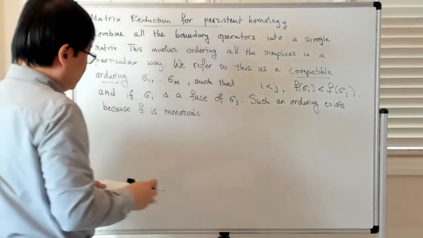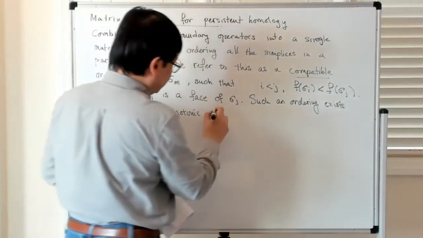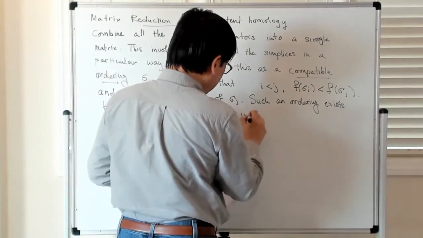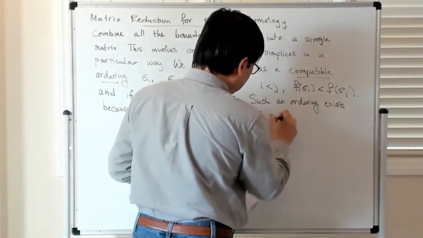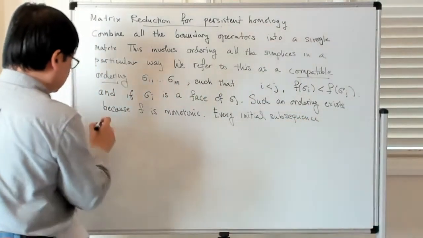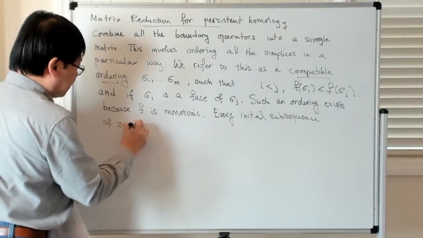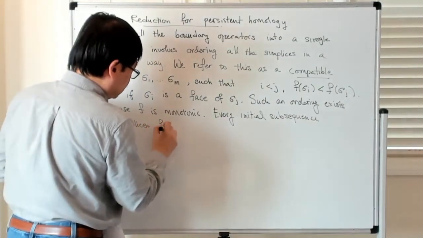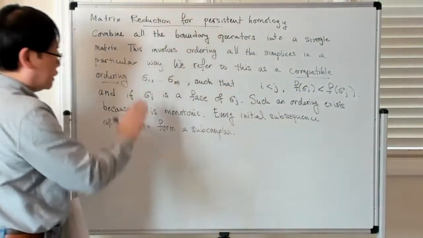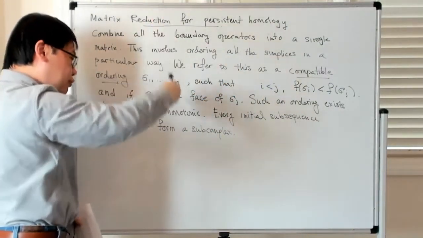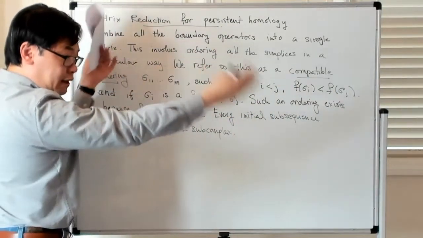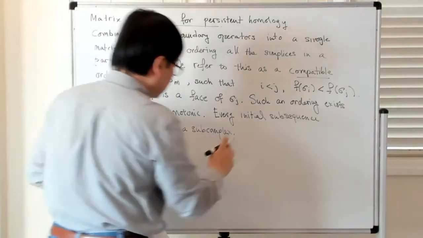And essentially what I had said before is that every initial subsequence of simplices forms a subcomplex. The idea is that if you go through this enumeration and truncate it at any point, then the stuff which you didn't discard would form a subcomplex of the full simplicial complex K.